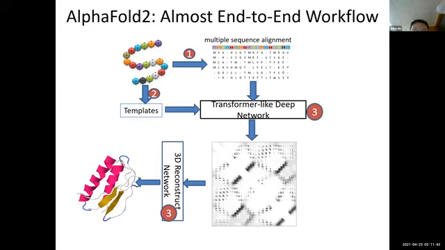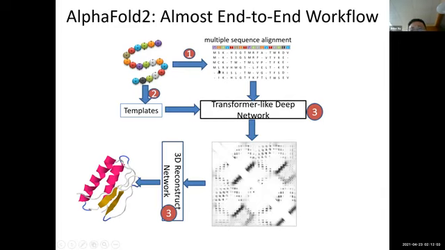Like here, given a sequence to predict, AlphaFold 2 will find sequence homologs and build a multiple sequence alignment. And then also find some templates if some good templates exist. Then we'll feed these two kinds of information, the multiple sequence alignment and the templates, into the deep network.